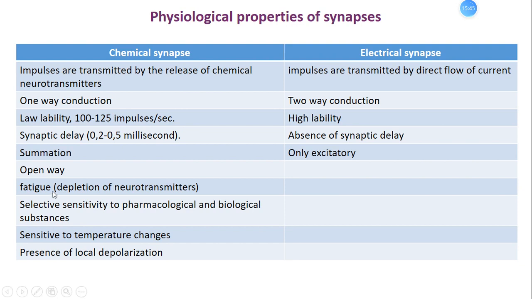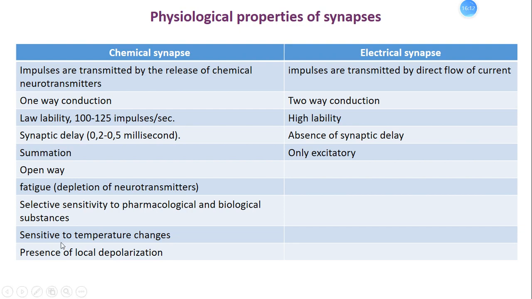And again, we have fatigue at chemical synapses, while in electrical synapses there is no fatigue; fatigue is because of the depletion of neurotransmitters. Chemical synapses also have selective sensitivity to pharmacological and some biological substances, and this is how we use pharmacological substances to control our nervous system.